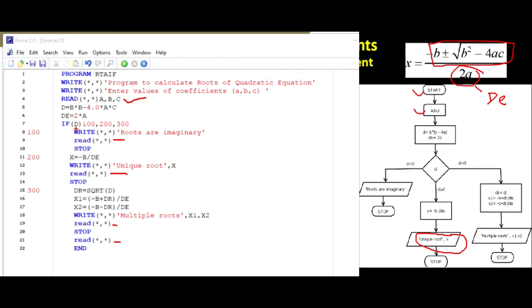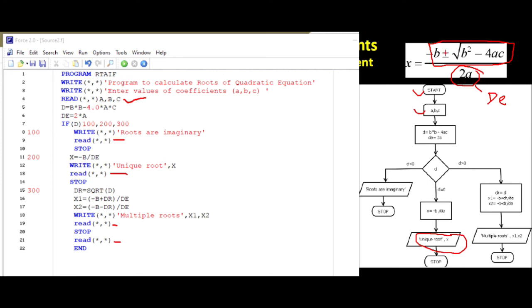And now if the answer of b square minus 4ac is positive, we will have two roots, right? So here dr is nothing but square root of d. For square root we have a library function, sqrt in bracket d. Then we will calculate x1. So x1 will be minus b plus minus dr upon d.